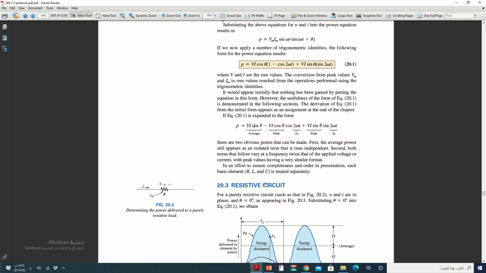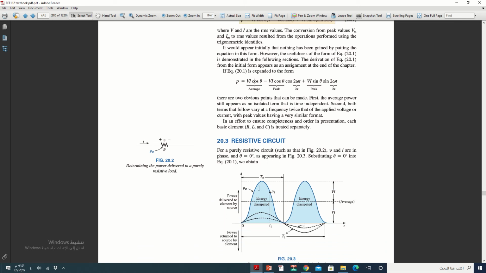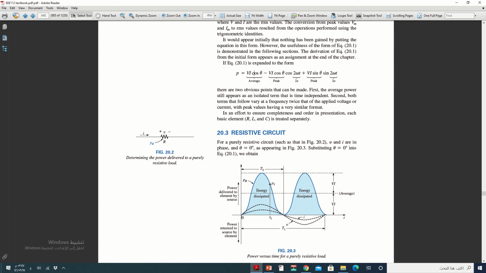If we start talking about a resistive circuit, assume the current and voltage start from 0. This is the current and this is the voltage. To find the power, we will multiply V by I. Positive by positive gives positive, until we reach here, 0.